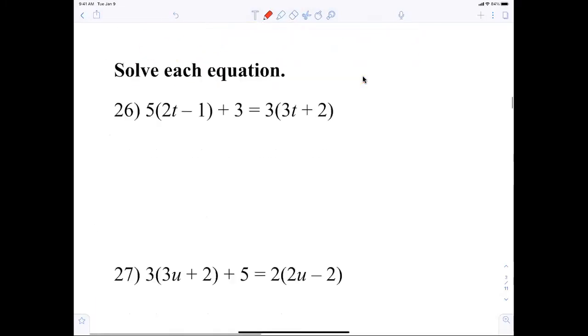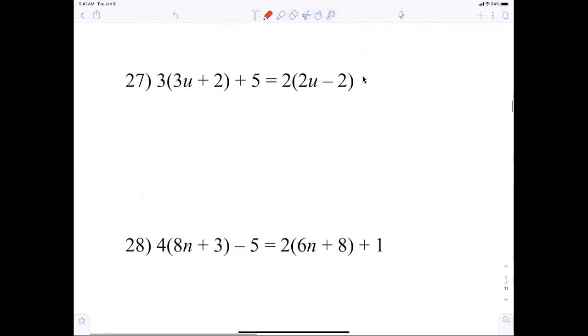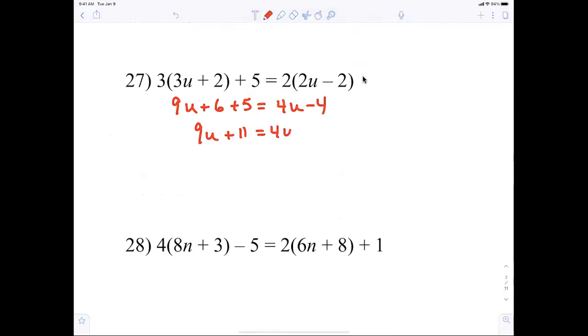All right, here we go. Solving equations. 9u plus 6 plus 5 equals 4u minus 4. 9u plus 11 equals 4u minus 4. Subtracting 4u, subtracting 11.